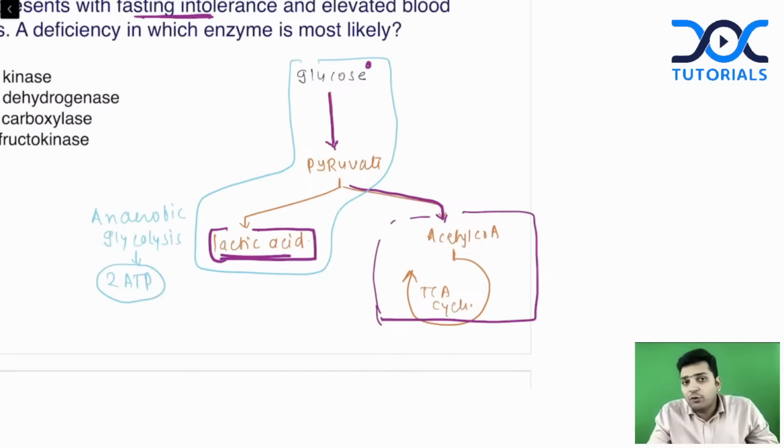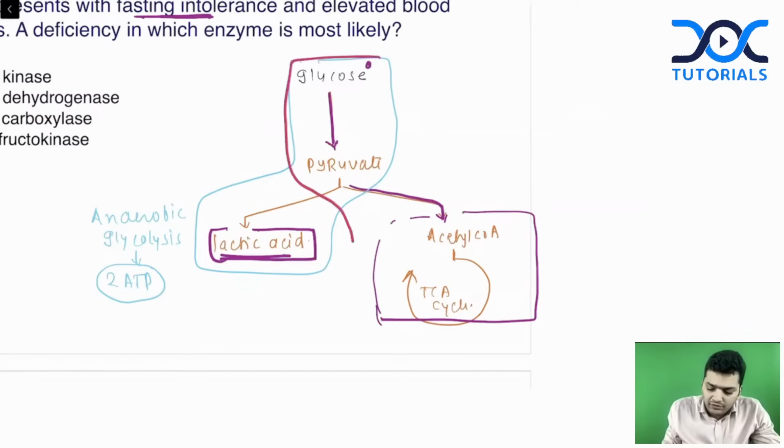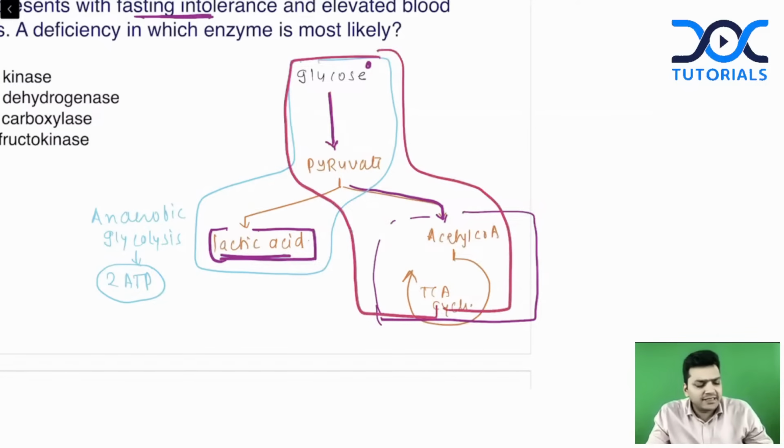Whereas if you do the aerobic oxidation, this side, it gives you 32 ATPs. So there is a significant difference in the number of ATP that is generated. Anaerobic glycolysis is just going to generate 2, whereas aerobic is going to generate 32.